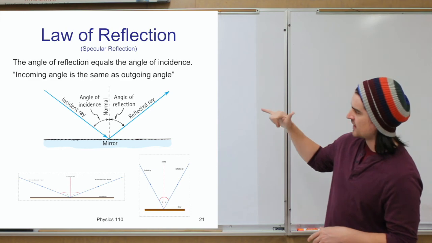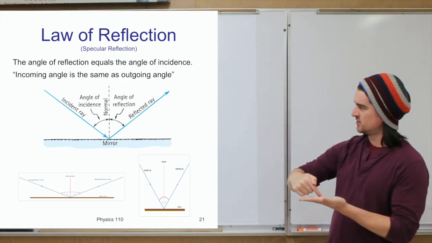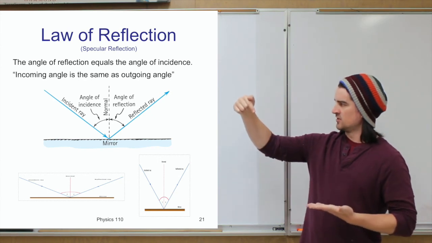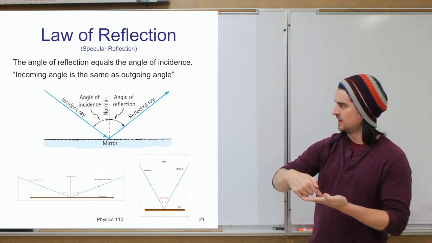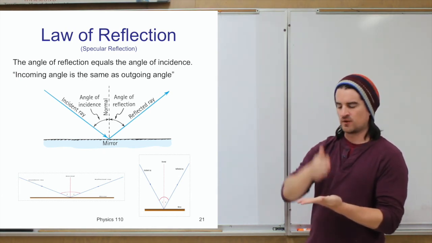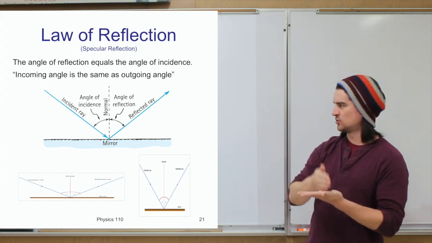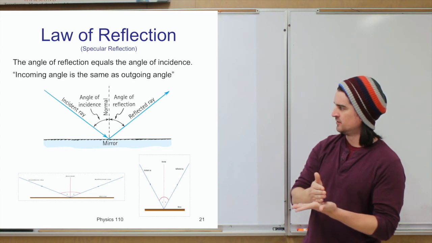So in this diagram here, if we had light being shined on this mirror surface, that's what we would call the incident light ray, the incoming light ray. Technically the angle is measured from a perpendicular, a vertical 90-degree line from that mirror.